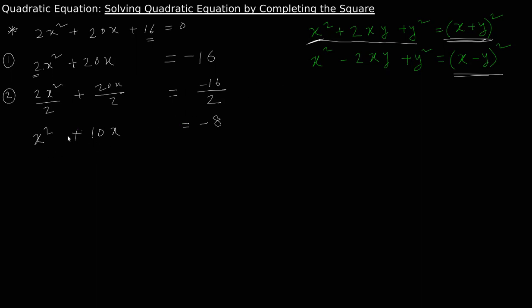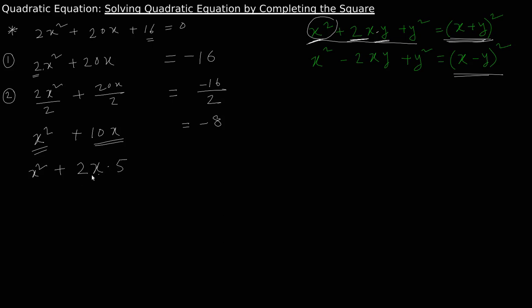Now let's compare with this equation. Here I have x square, I have x square here, no problem. Now let us see in this equation what I have: 2x multiplied by y. So let us see if I can write it down like this. x square plus 10x. From the 10x can I write 2x multiplied by 5?